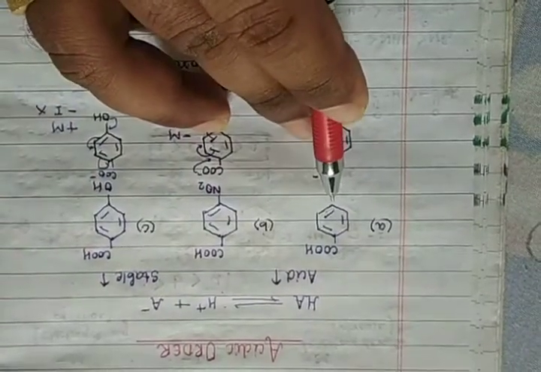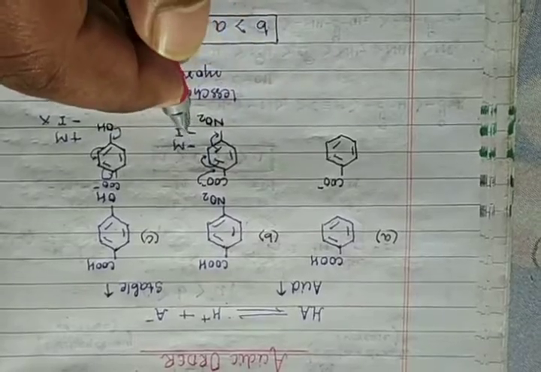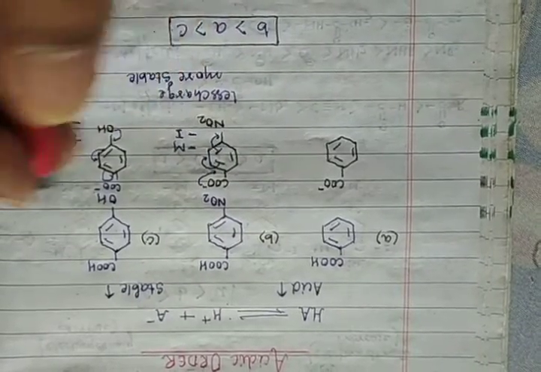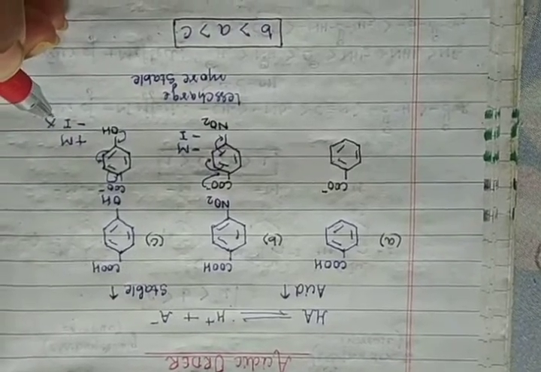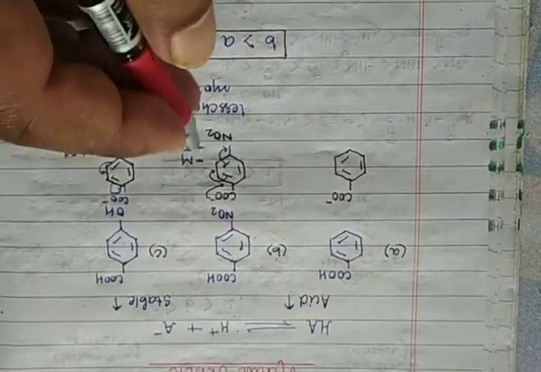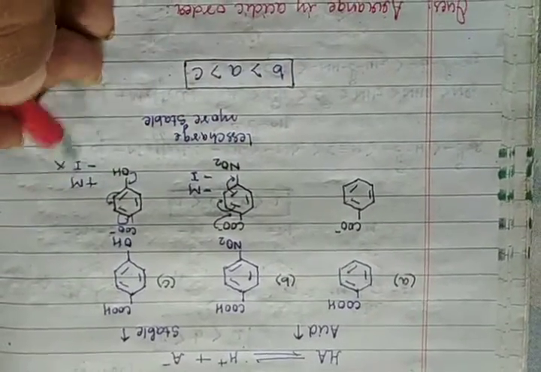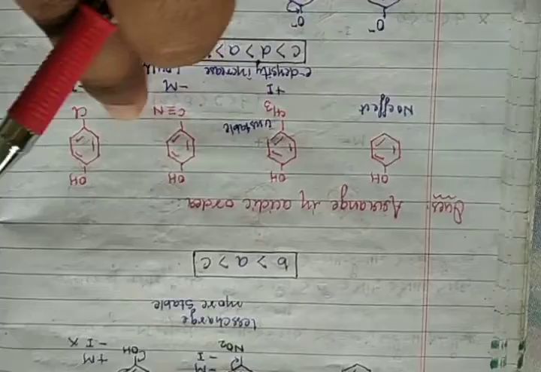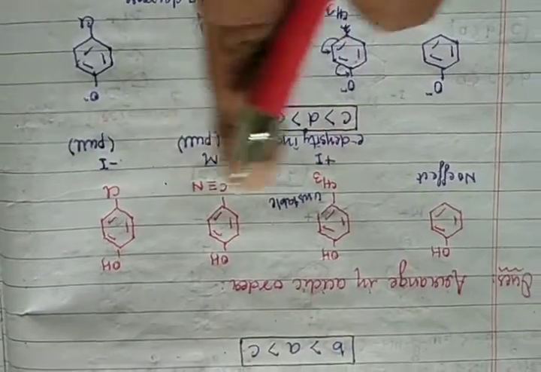In this case there is no substituent, NO2 and OH. NO2 has minus M and minus I, and OH has plus M effect and minus I. So minus I is less dominant and plus M is more dominant. So the minus M effect is the most acidic, then A, then C, and plus M is the last. Same for this, so just practice this question. Okay.